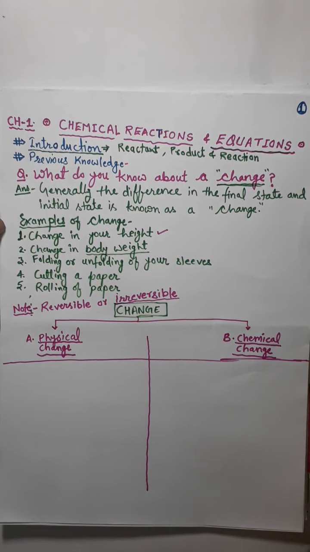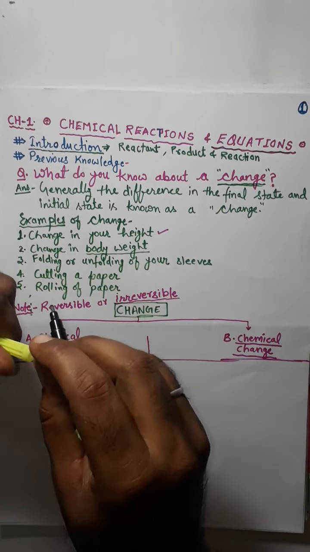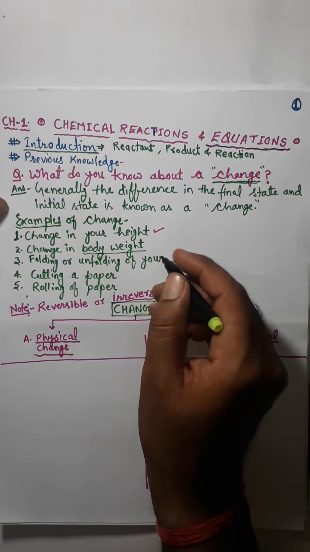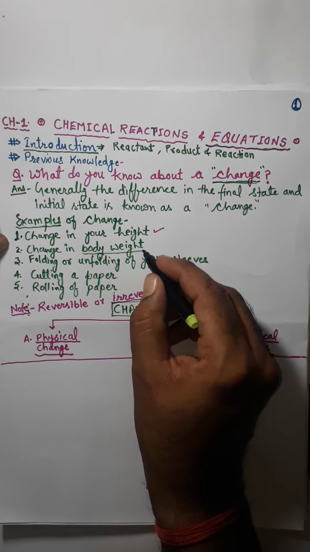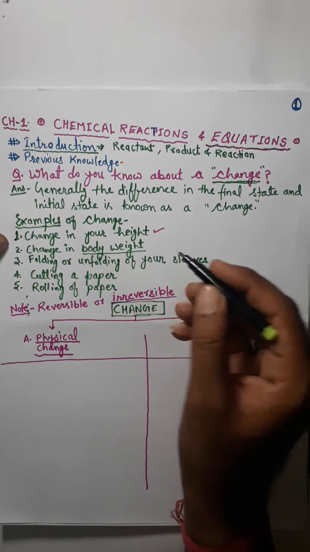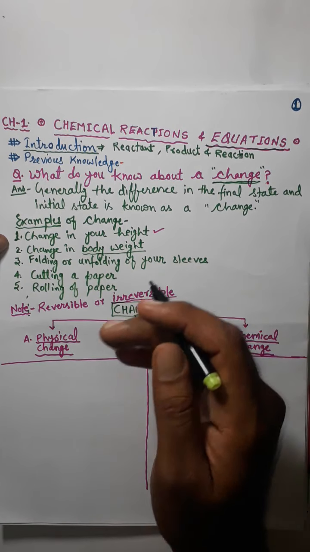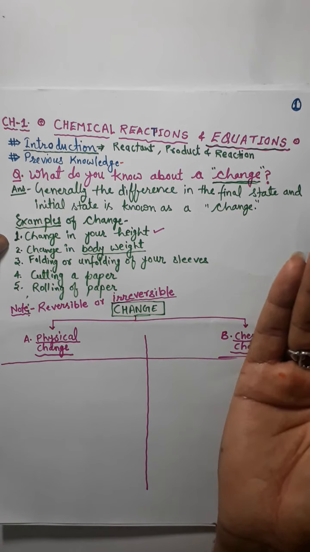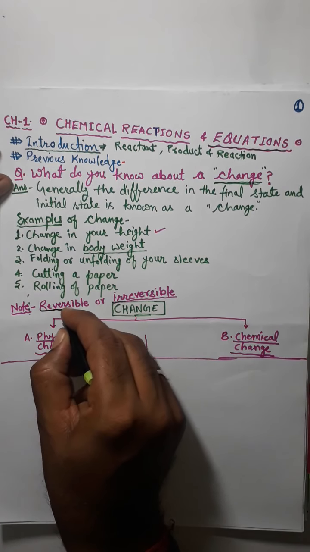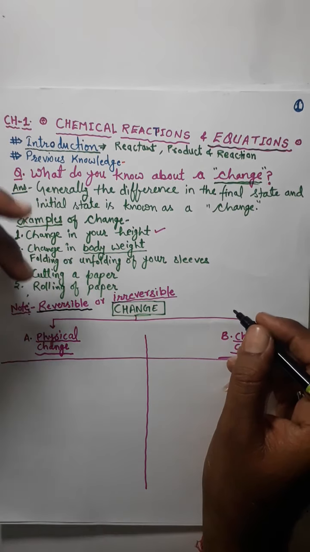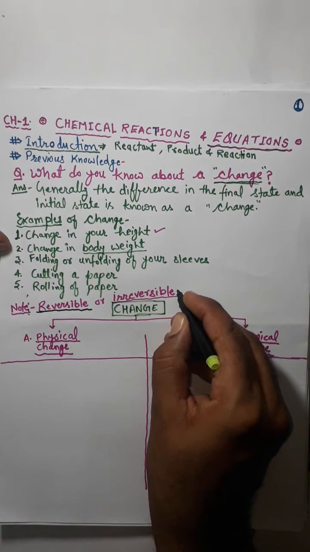Your body weight is not constant. Depending upon some factors, it might sometimes increase or sometimes decrease. So if it is increasing, that is a change. If it is decreasing, that is a change. This type of change is called reversible change. So we have discussed reversible change and irreversible change.